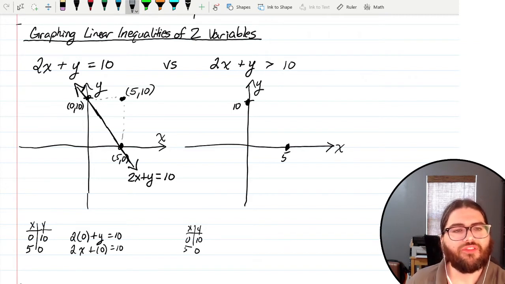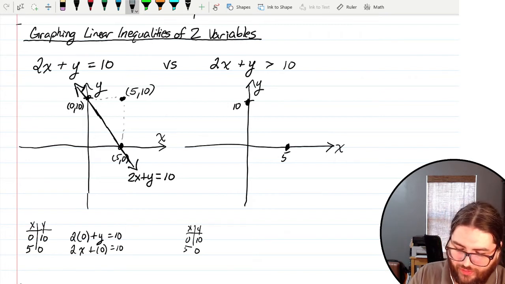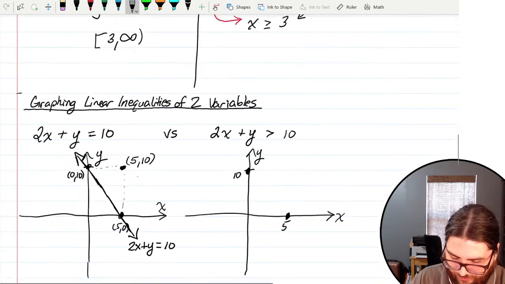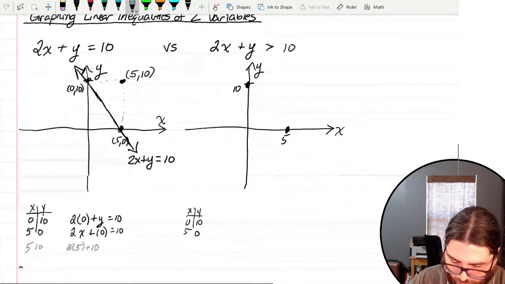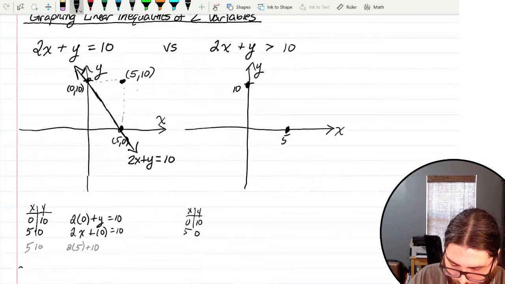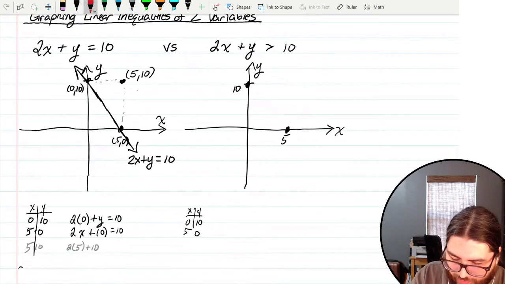So if I plugged in 5, 10, x equals 5, y equals 10, that would be, and put it down in my table here, 2 times 5 plus 10. 2 times 5 plus 10. Well, that's greater than 10.